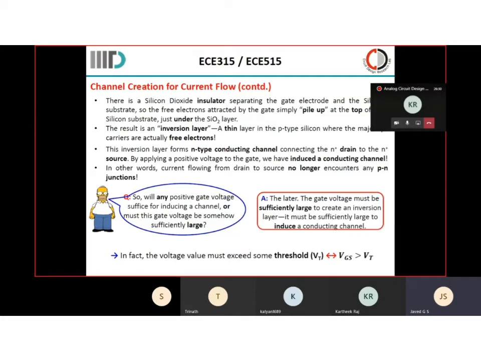Treat this channel like a highway: as you increase the difference VGS minus VT, you move from a 1-lane highway to a 4-lane highway, and as you reduce the difference, the reverse. This is called the overdrive voltage by some people, and I will commonly be using overdrive voltage as a common term for the difference VGS minus VT.